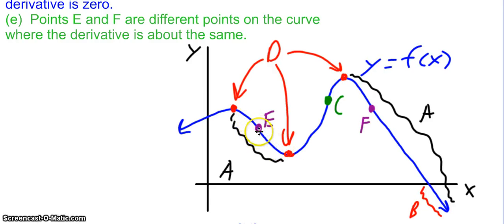So it looks like about right here, if I draw a tangent line, and if I draw a tangent line there, they'll be close. So they'll be about the same. Again, it's up to your interpretation whether it's exactly those points, but what we're looking for is that if the derivative has the same value, then the function has the same slope, i.e. the tangent lines would be parallel.